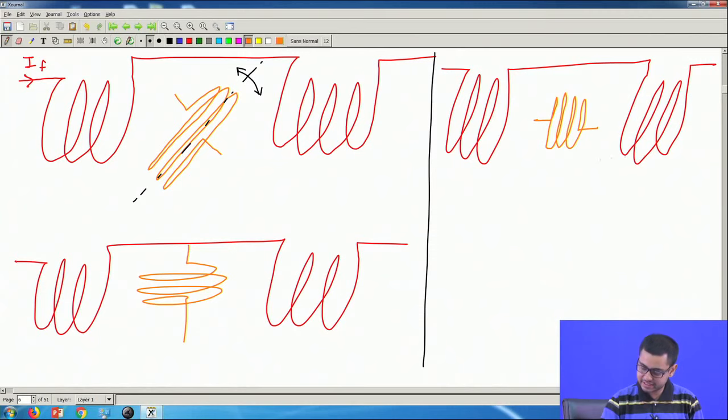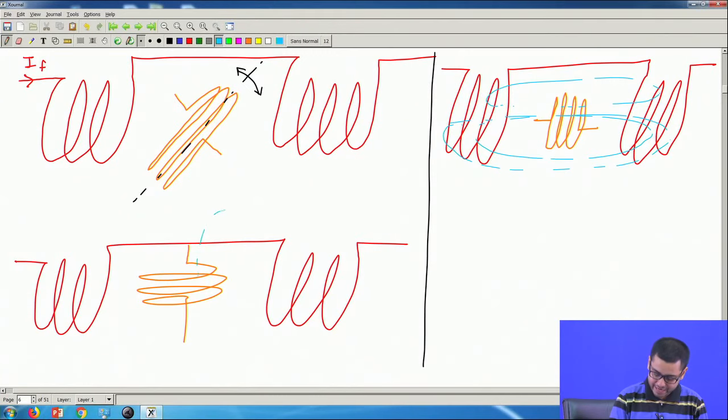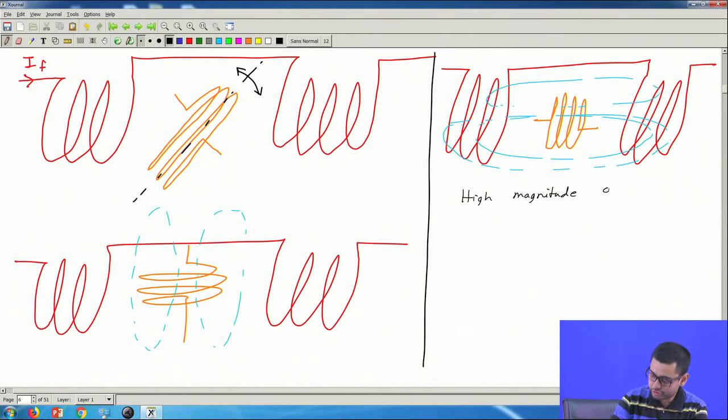So, you see that in this case the two sets of coils are aligned, their directions are aligned. So, the flux linkage between them will be very high. So, the flux lines will link them very well. Whereas, in this case flux lines cannot link them that well, because the two coils are perpendicular to each other. So, here we will have high magnitude of M, here we will have a low magnitude of M.